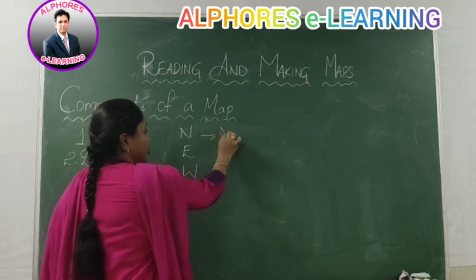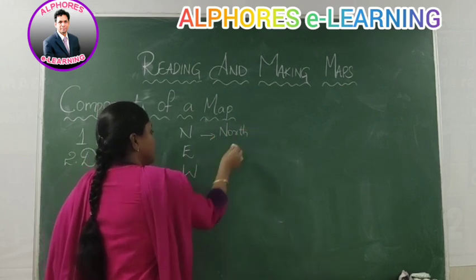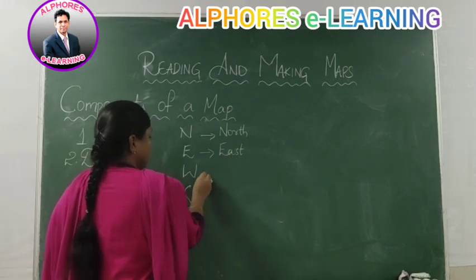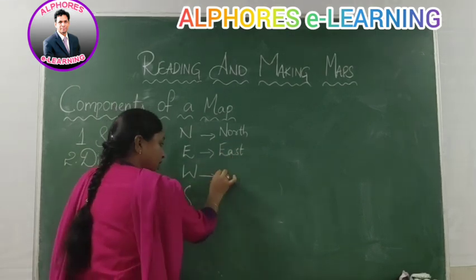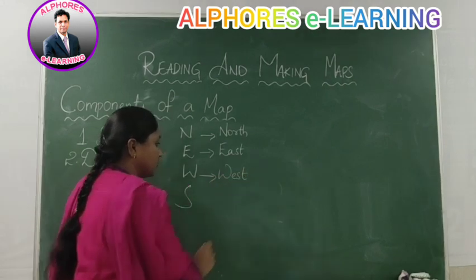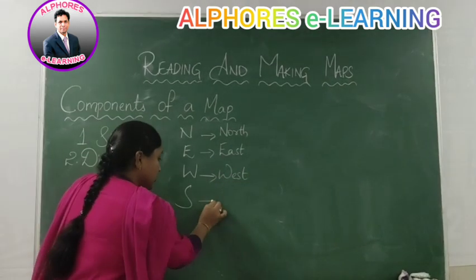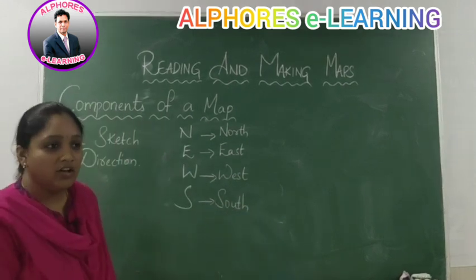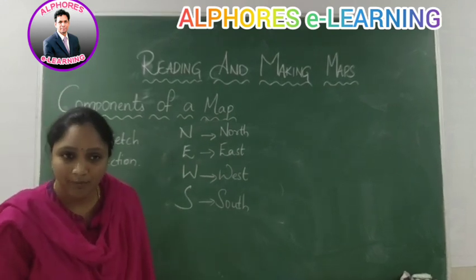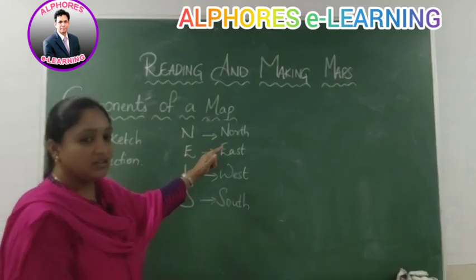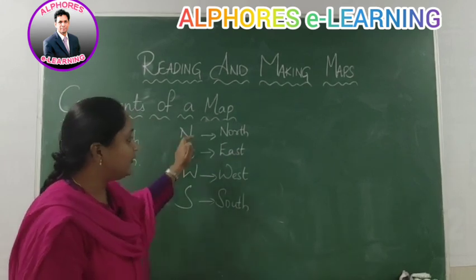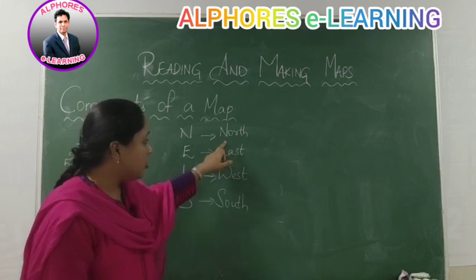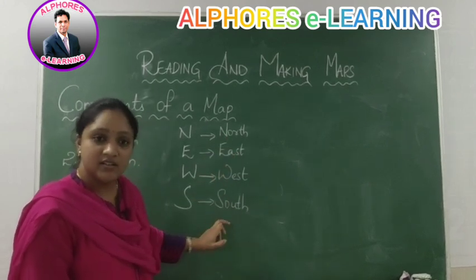N stands for north, E stands for east, W stands for west, and S stands for south. So children, you all listen to the news every day. Am I right? This news stands for all the directions, where we are covering the information from every direction: north, east, west as well as south.